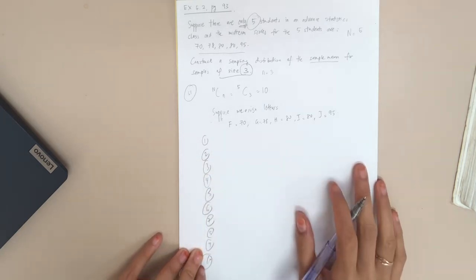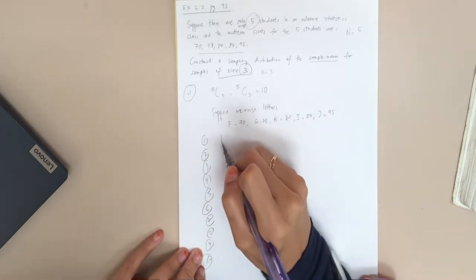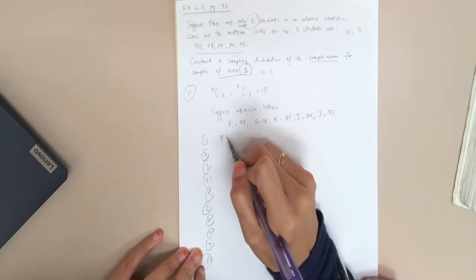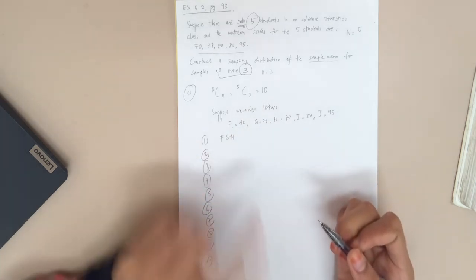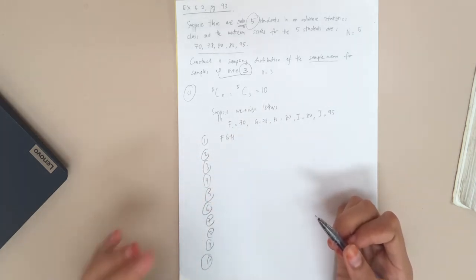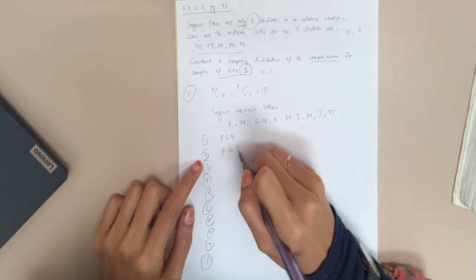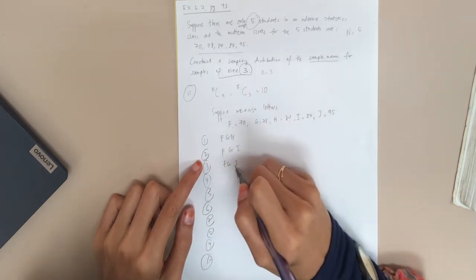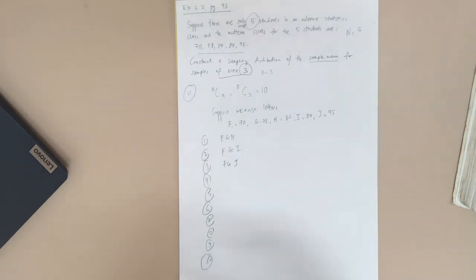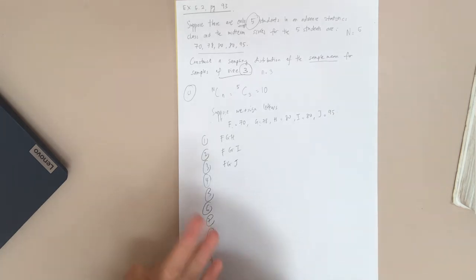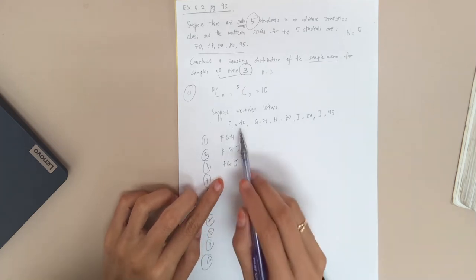The first sample is FGH, which means 3 students. The second one is FGI, the third one FGJ. You must choose different students, of course, and the size is 3.